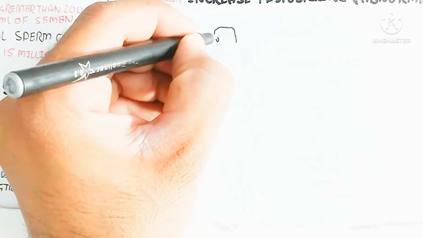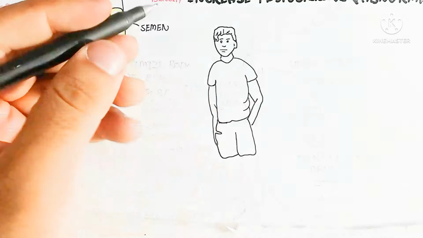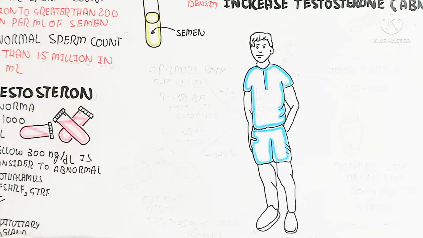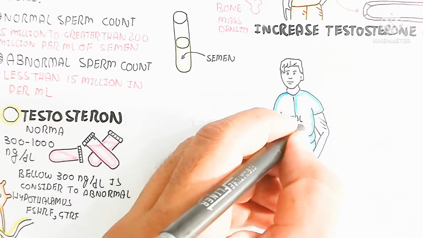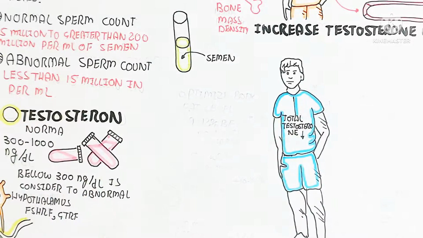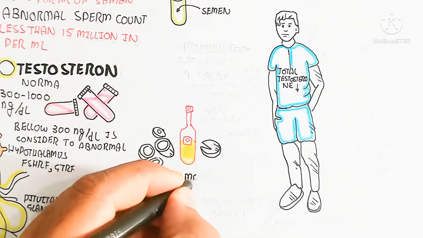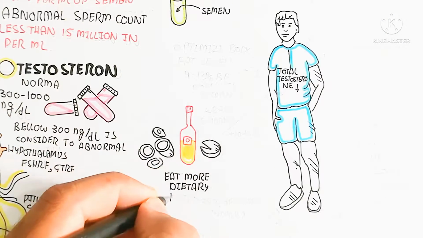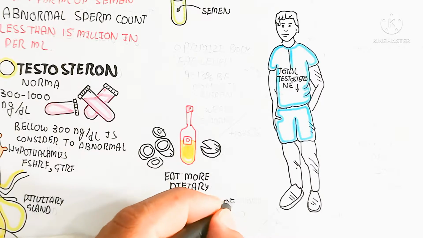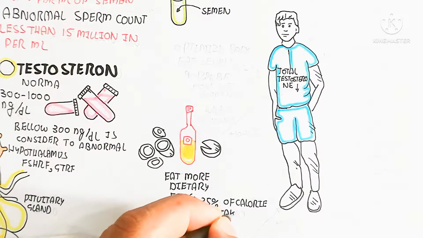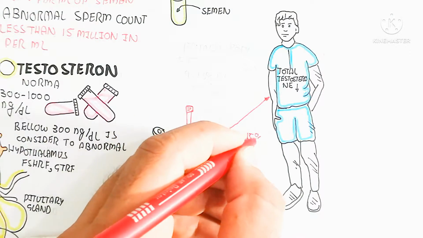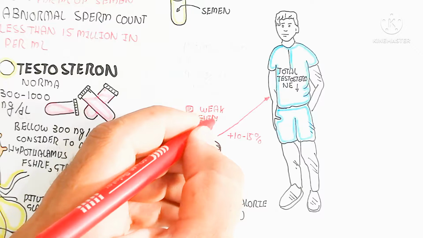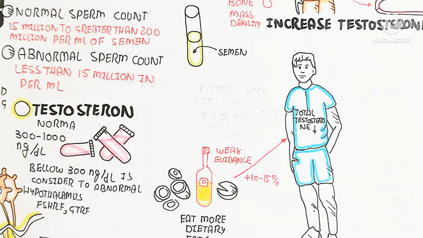So let's begin to understand increasing testosterone when it is abnormal. For example, some dysfunction of testosterone after puberty. There is no approach to increase testosterone if there is a genetic defect, but otherwise it can be improved by eating more dietary fat, more than 35% of calorie intake, though this is weak scientific evidence, with a 10 to 15% increase in testosterone.